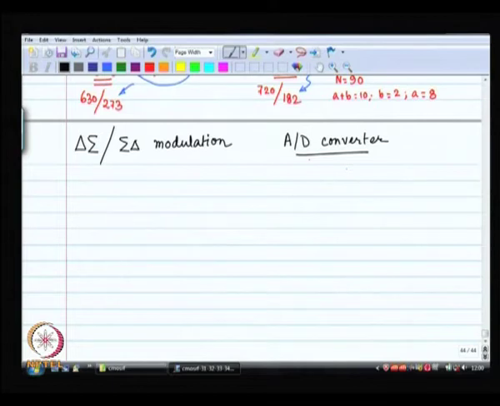So, let us keep this on standby over here, pause over here, let us briefly study sigma delta modulation and then we will get back. Now, I will only very briefly study this, right.